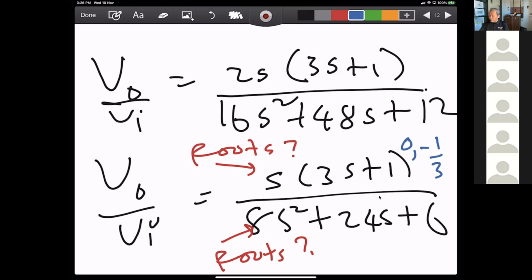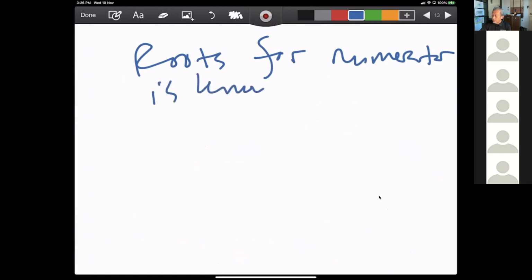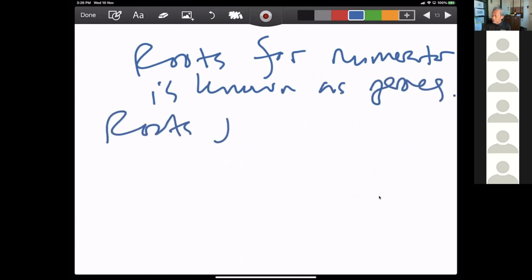Negative 0.275 and negative 2.725. Okay. So these are zeros for the numerator and poles for the denominator.